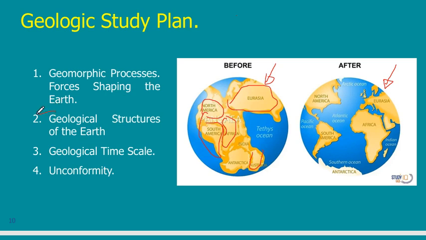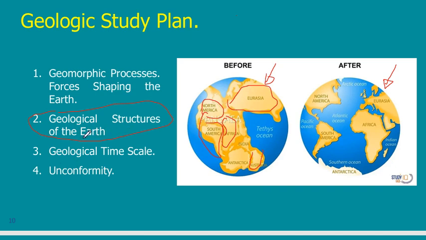So now we need to study the geologic structure, as if you take the cake outside of the oven, cut it, to see what are the layers that are formed inside. So geologic structures are what resulted from these geologic processes, what happened after shaping the earth.